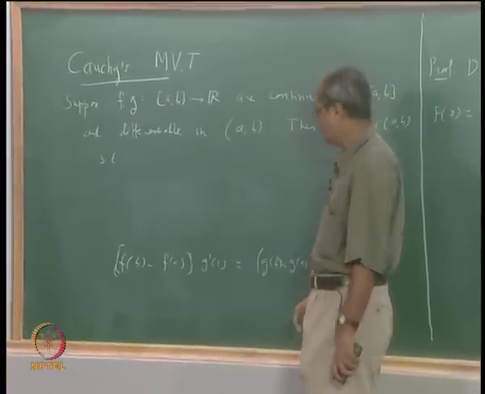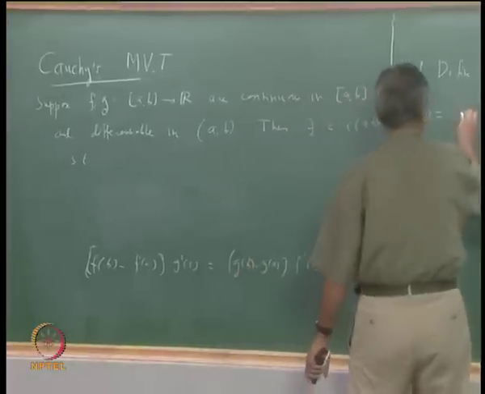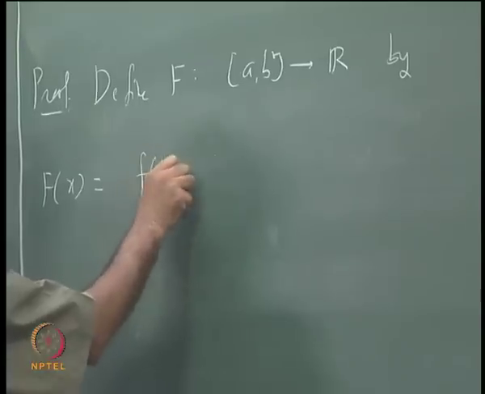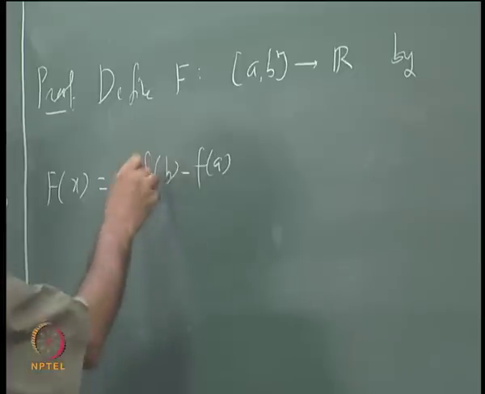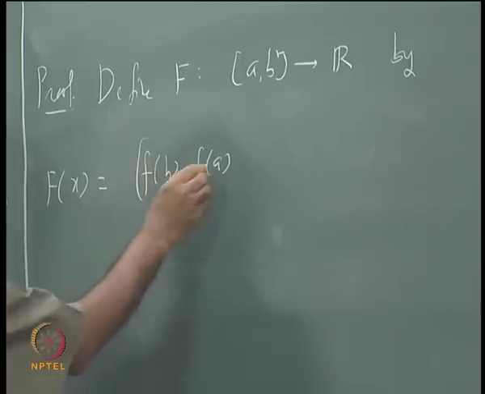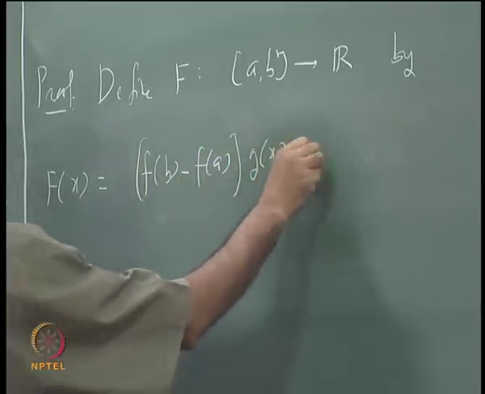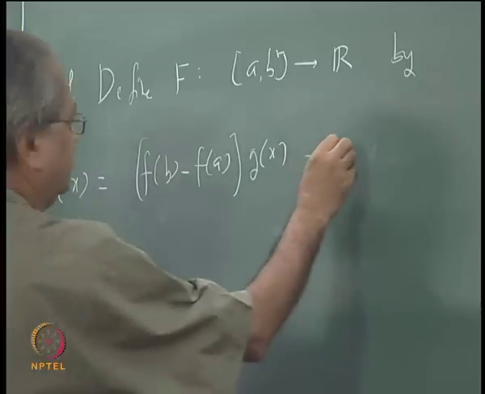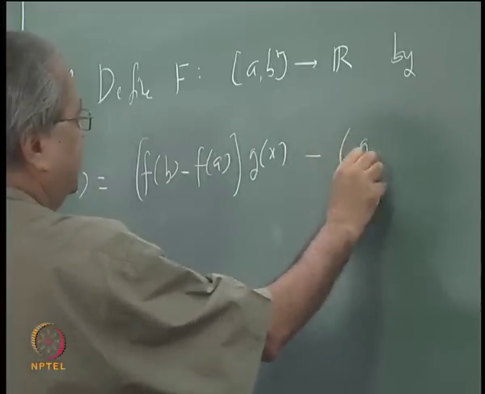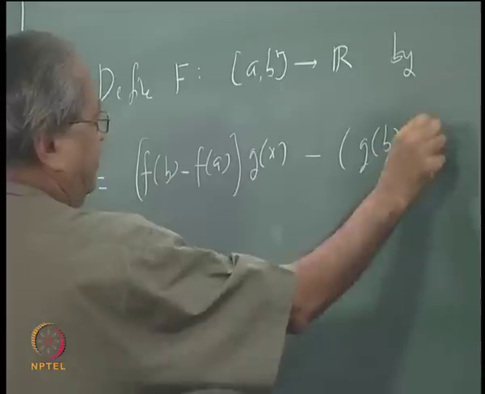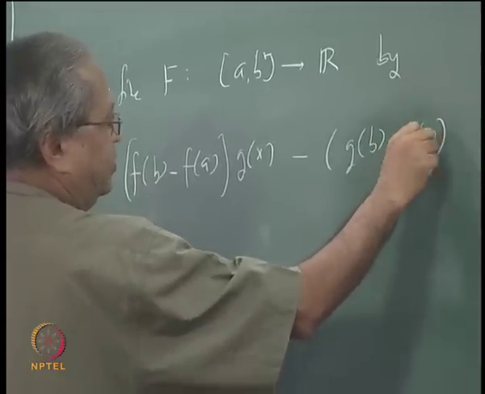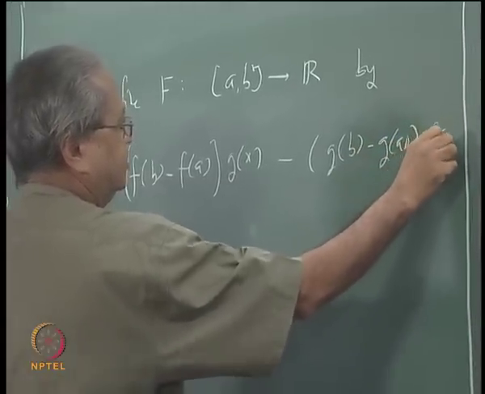We shall define it as follows: (f(b) minus f(a)) multiplied by g(x) minus (g(b) minus g(a)) multiplied by f(x).